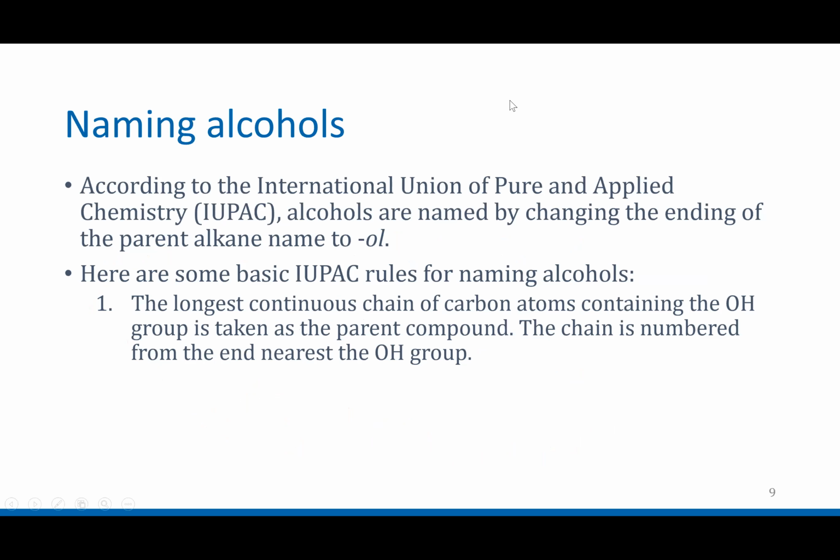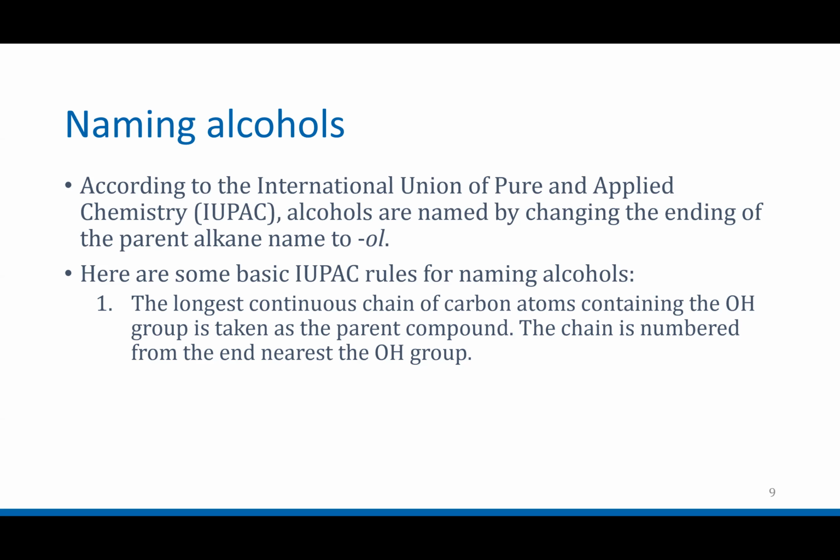Well, back to naming. We haven't done naming in weeks, at least since chapter 4. I think this is about the last type of chemical that you will need to name. So we will look at naming alcohols. According to IUPAC, the International Union of Pure and Applied Chemistry, all you have to do when naming an alcohol is change the end to OL.